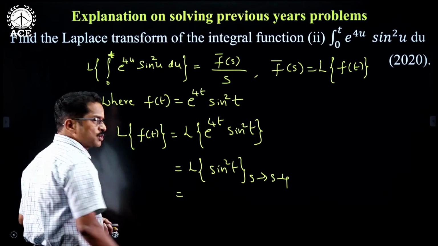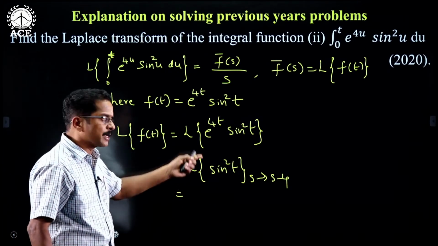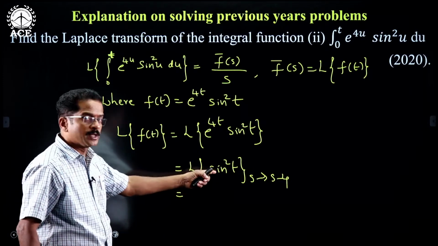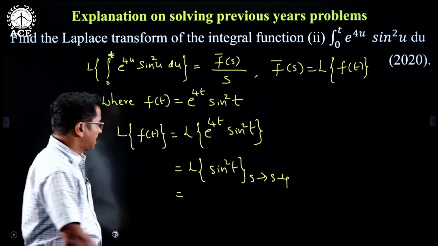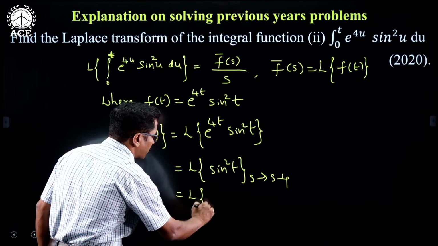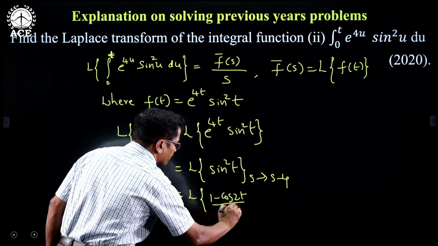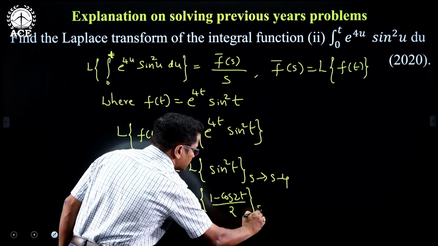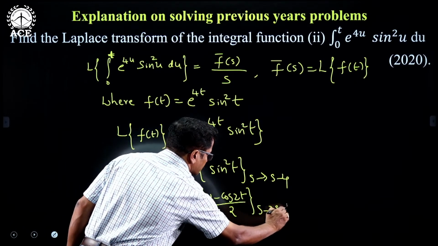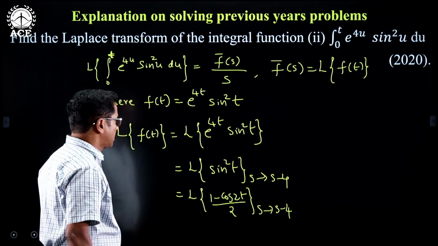So as sin square t is a higher order term, you need to reduce it into elementary form, that is 1 minus cos 2t by 2, where s is shifted to s minus 4. Okay.